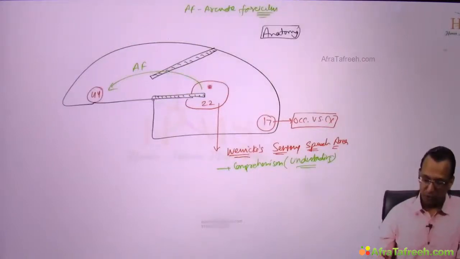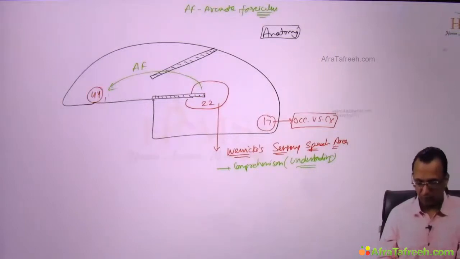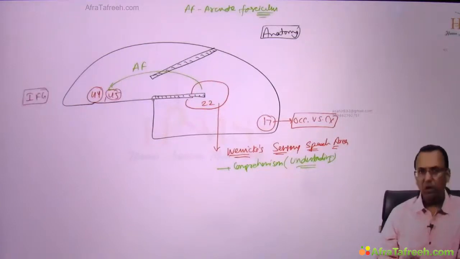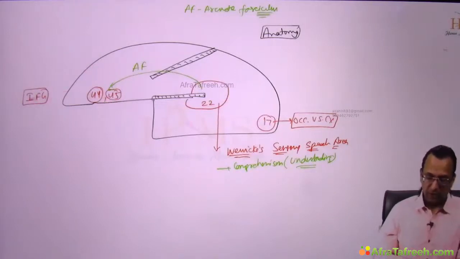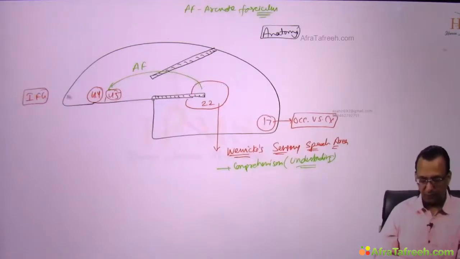You mean to say 22 into 2 is equal to 44? Yes, not only 44 but also 45, and this is inferior frontal gyrus. Oh, like there was a middle frontal gyrus? Yes, that was middle frontal, but this is inferior frontal gyrus. So this is inferior frontal gyrus where you have the area number 44, 45. This is the Broca's motor speech area.